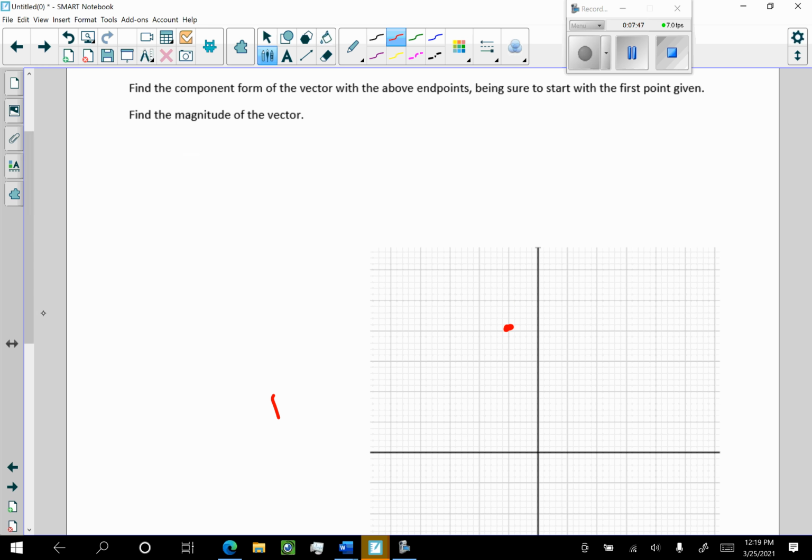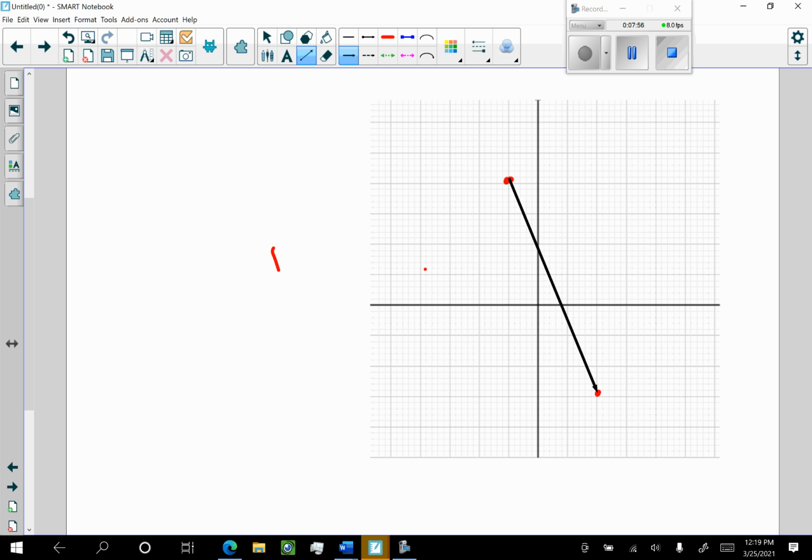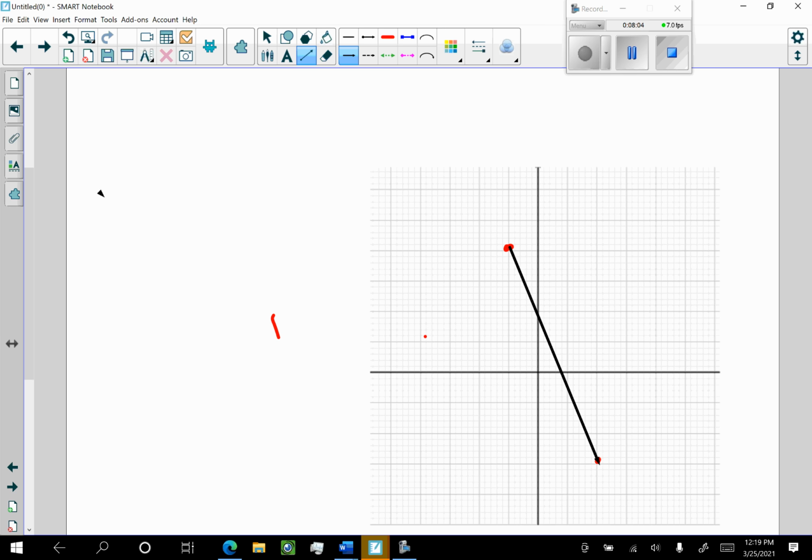So let me zoom out here and get everything in there. I'm going to go to my ray tool, and this is that vector right there. This is that particular vector that has initial point (-1, 4) and terminal point (2, -3).